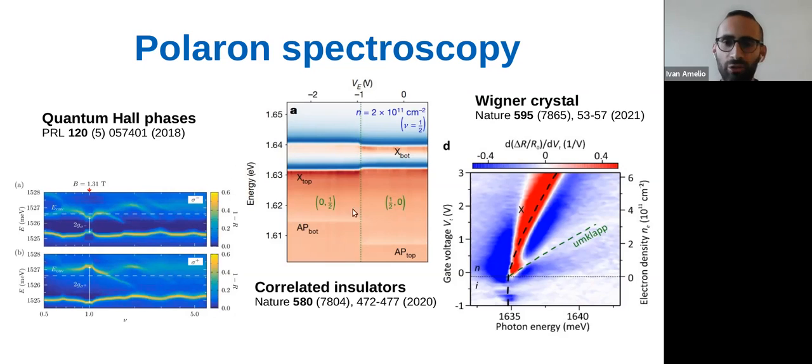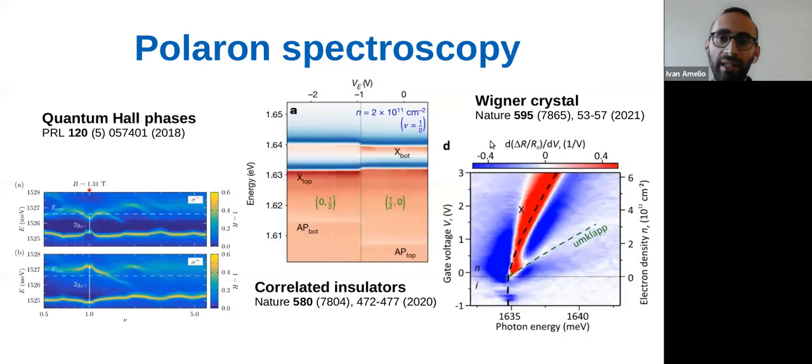Just to mention a few examples by our group and our experimental colleagues, one can probe quantum Hall phases, correlated insulators in some moiré potential, and the Wigner crystal. This has been done in the last few years, and other groups have shown other interesting results.